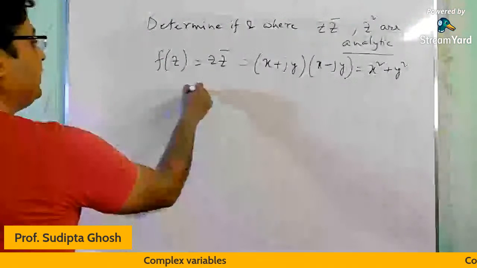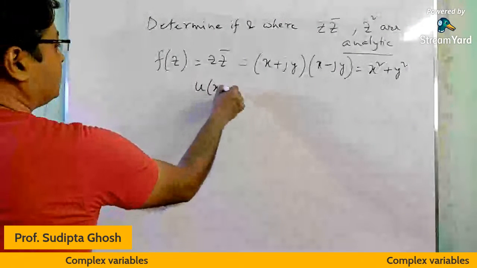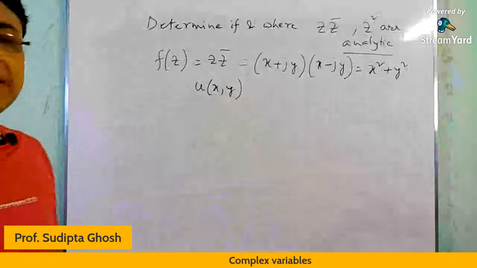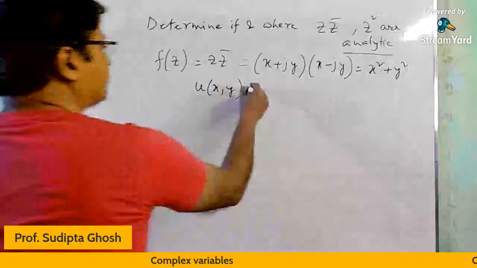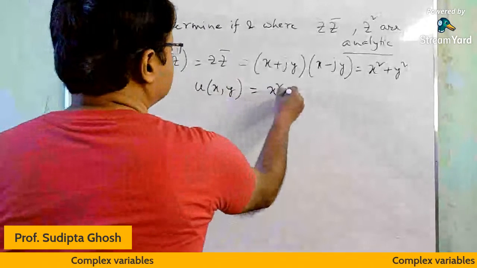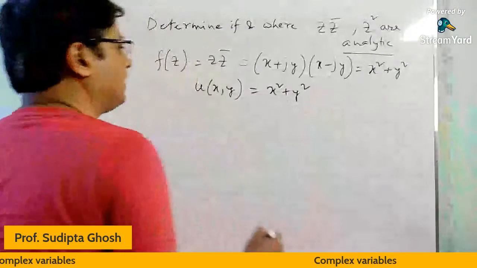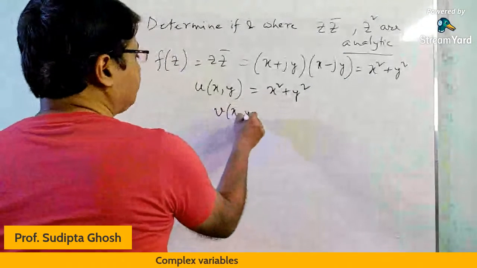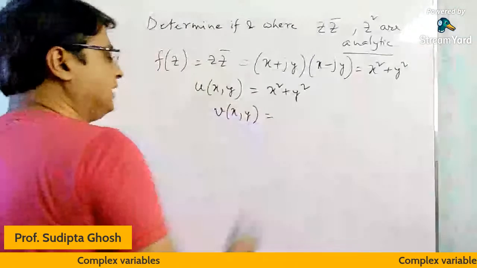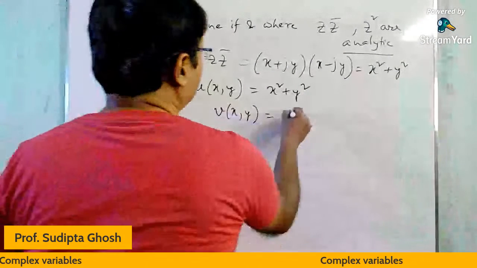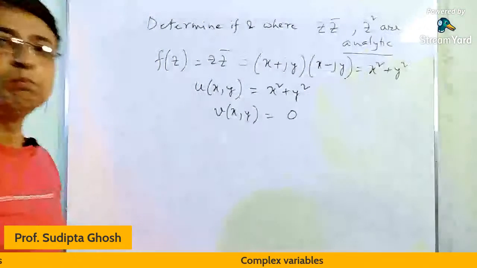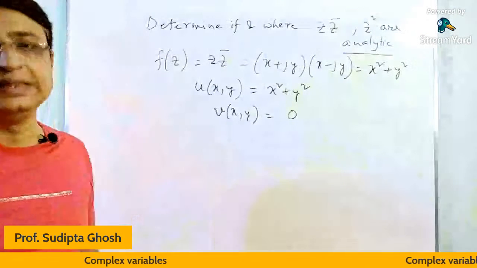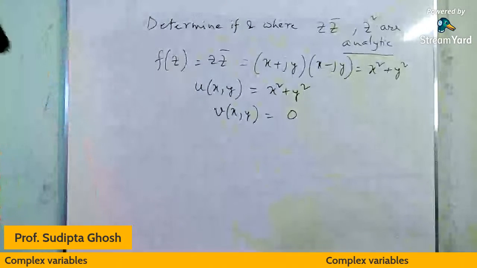So u of xy, the real part of our complex variable, is x square plus y square, whereas v of xy, the imaginary part, is equal to 0.